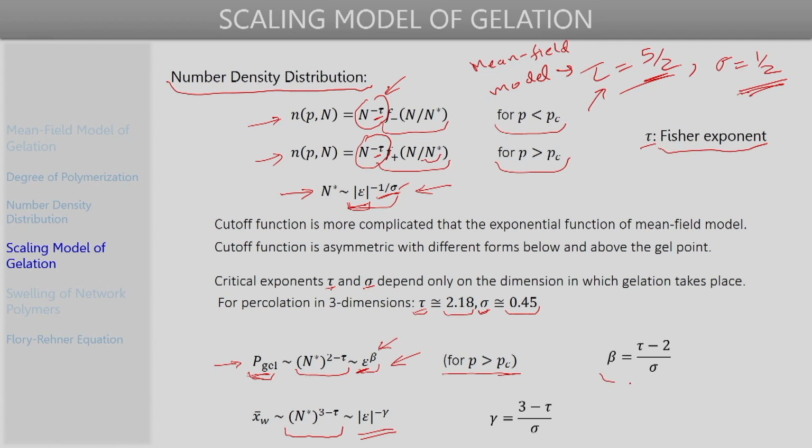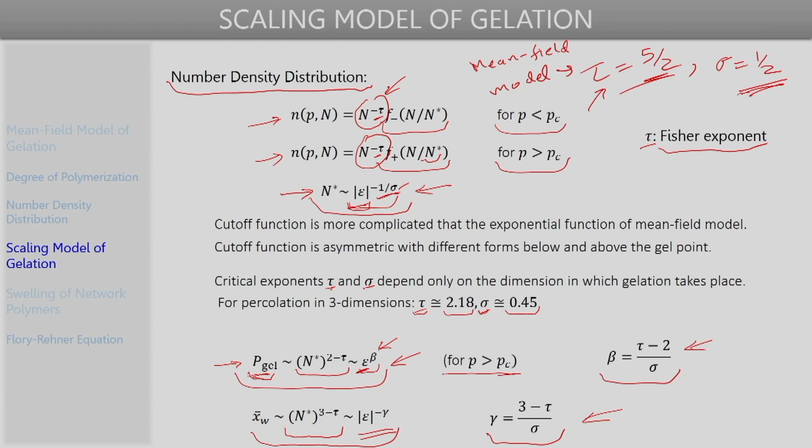The exponents beta and gamma can be related to the other two critical exponents, tau and sigma, through these two relations, which is obvious if we consider these relations in conjunction with the relation for n star. If we combine them, we obtain results for beta and gamma in terms of tau and sigma.